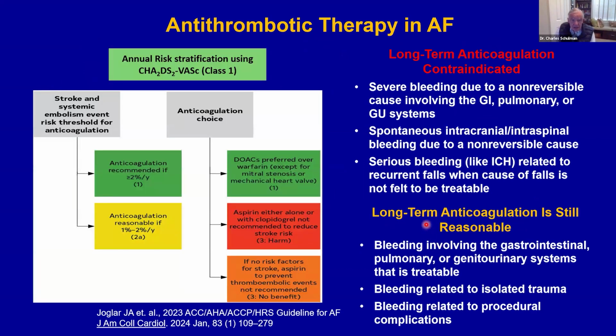So this is the indication for the antithrombotic therapy in atrial fibrillation from the 2023 American College of Cardiology, American Heart Association guidelines. Okay, so calculating the risk on a yearly basis is a class 1 indication.